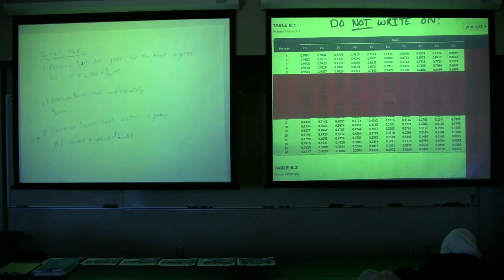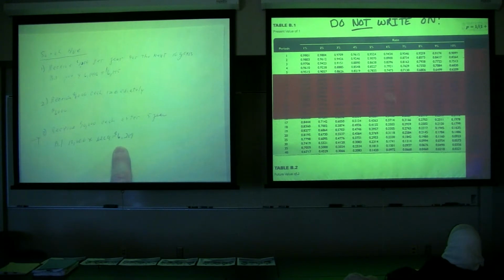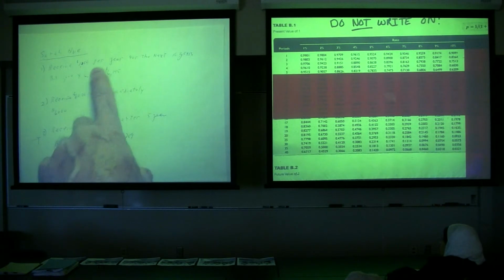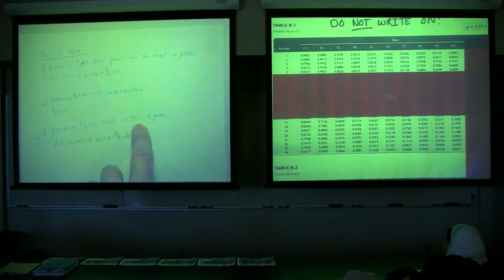Okay. Now, let's go the reverse. Why don't you find the future value of all these choices? Now, by the way, this number 3 may be a little bit tricky for the future value. Because don't forget, this is after 10 years, but this is only 5. So it'll be a little bit tricky, but I'll show you, okay.